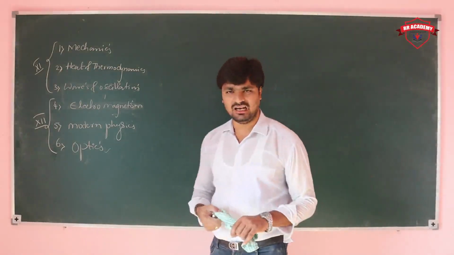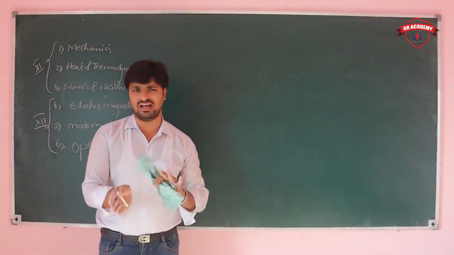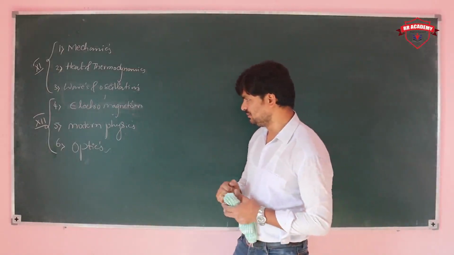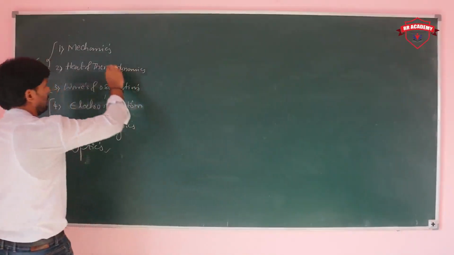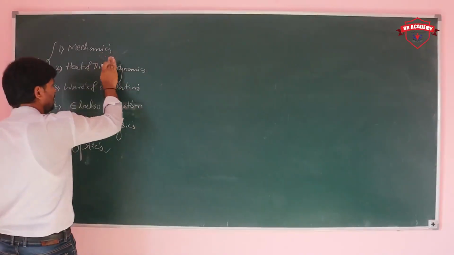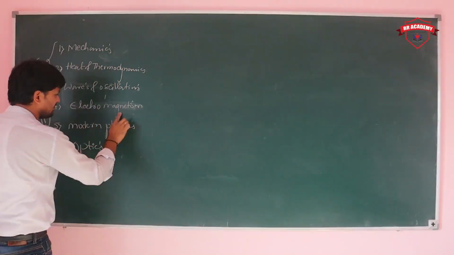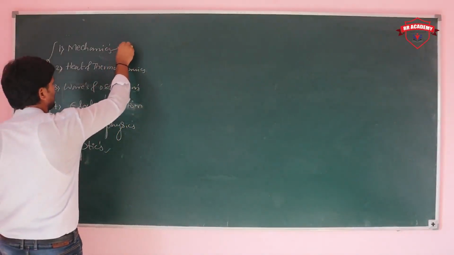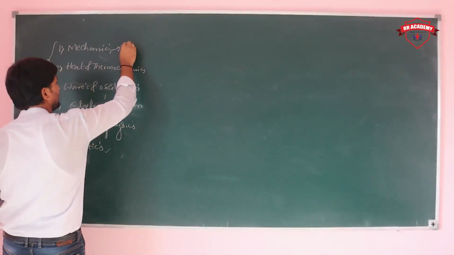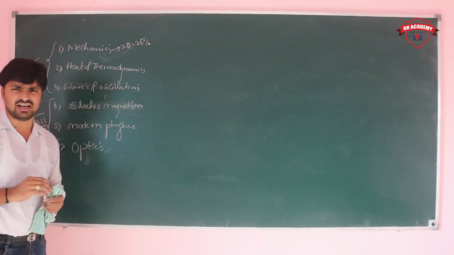So generally I am giving, generally it's not fixed, it may be 5% of variation. So in the overall paper, if you consider mechanics, we are getting 20 to 25% of the questions from here, in 11th standard as well as 12th standard.